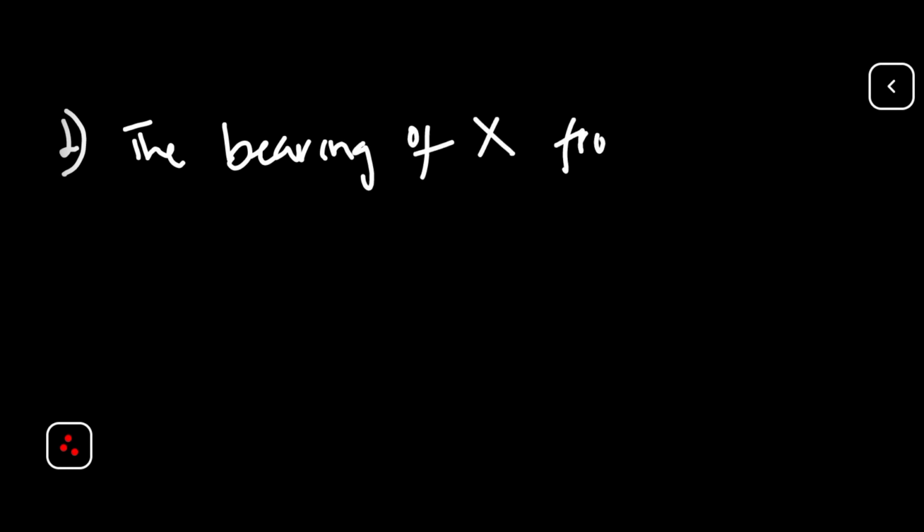So let's say this time they say that the bearing, now this is going to be the opposite of what we did before. So I just hope you still understand the first one. So the bearing this time of X from a point Y is 320 degrees.